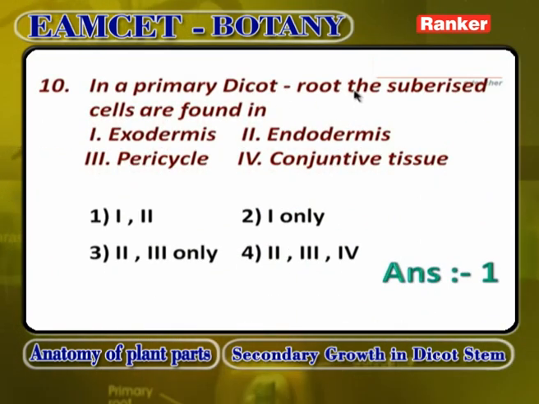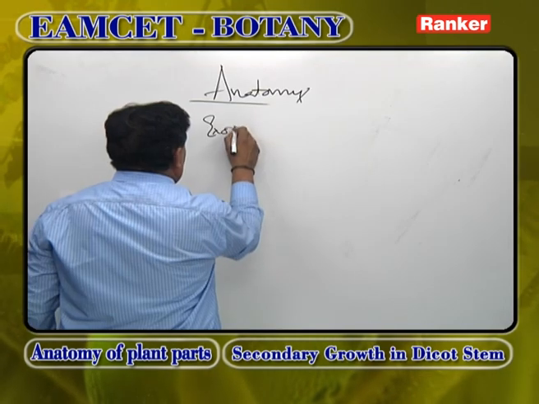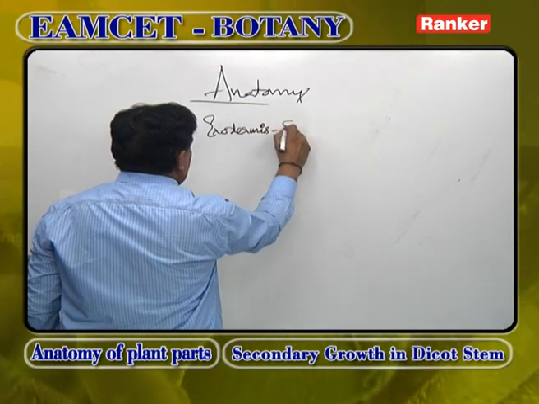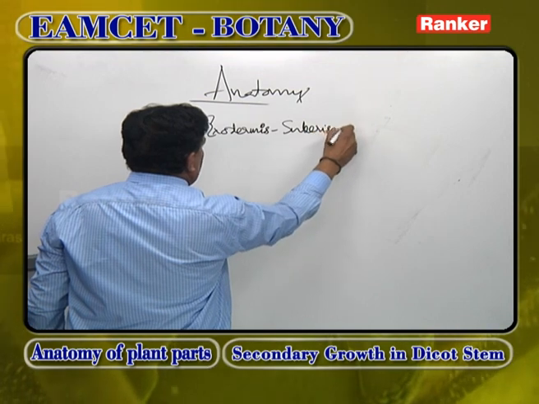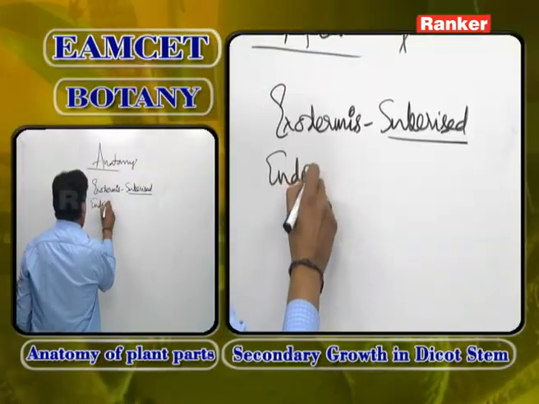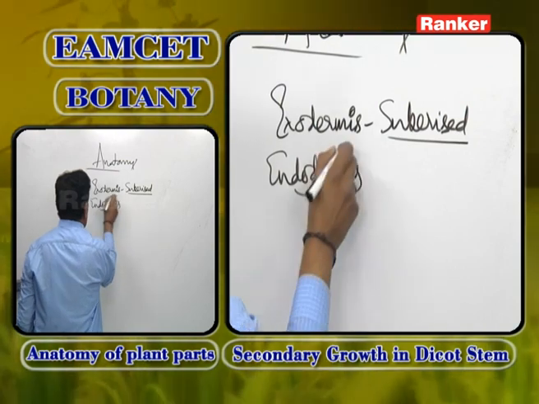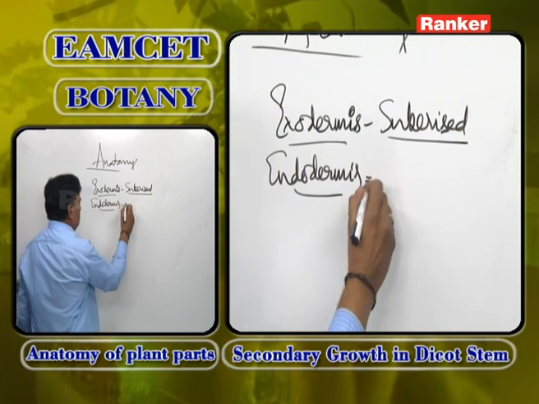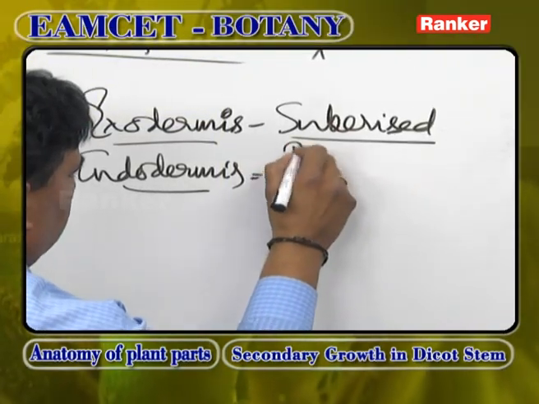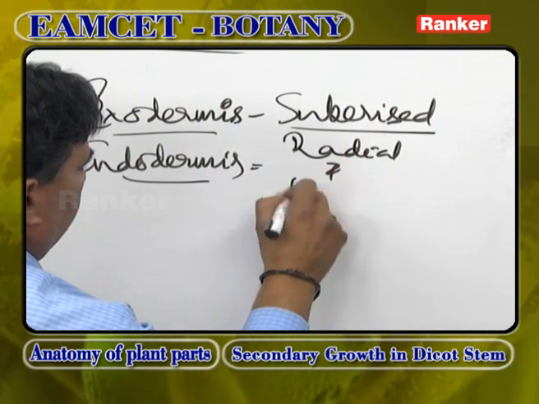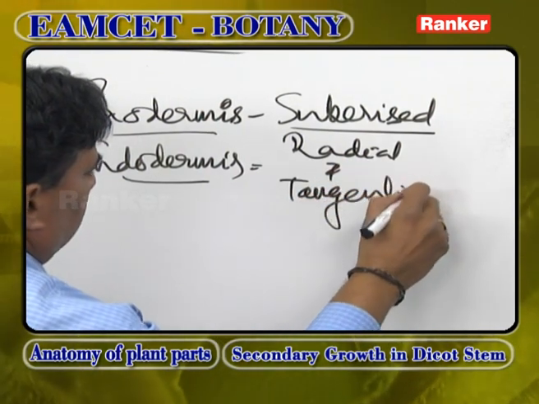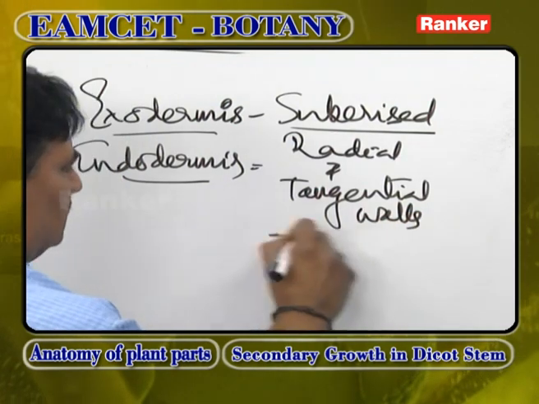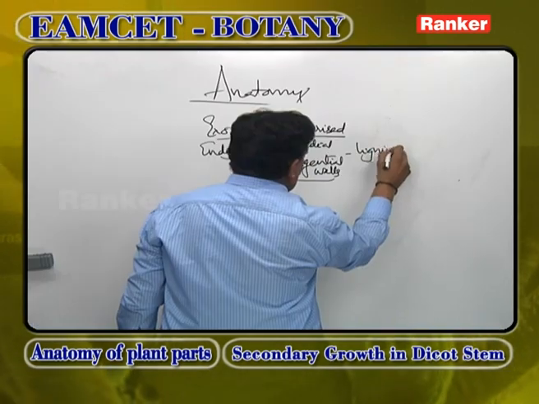In a primary dicot root, suberized cells are the cells surrounded by suberin. Just now I told that the exodermis, present just below the epidermis in an old root, is suberized. Endodermis is the cortical layer present around the stele. On some cells, the radial and tangential walls show depositions of lignin and suberin.